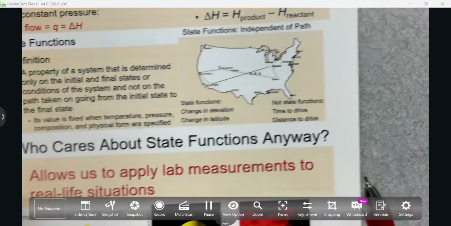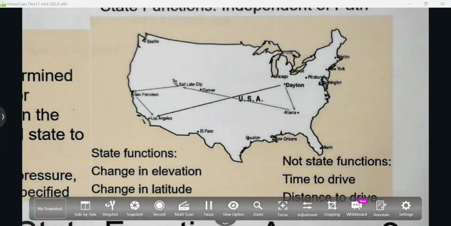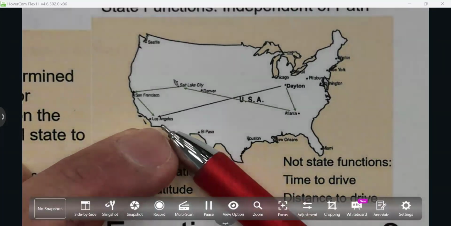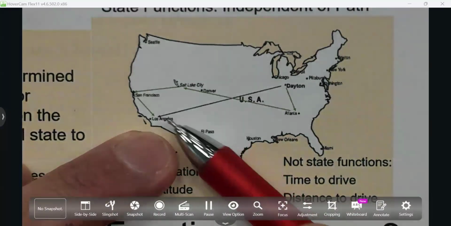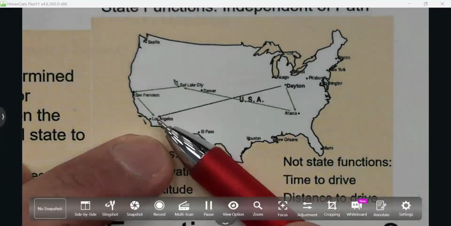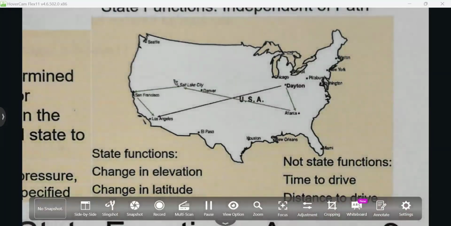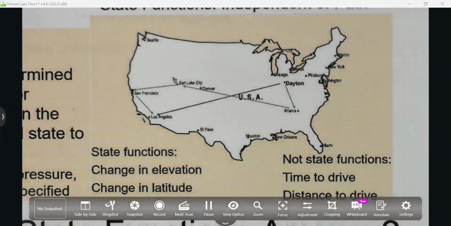For example, if I look at this map and I want to go from Los Angeles to Salt Lake City, all I care about is getting there. I can take this path, this path, this path. It doesn't matter. All I care is I started here and I ended up in Salt Lake. That's a state function.